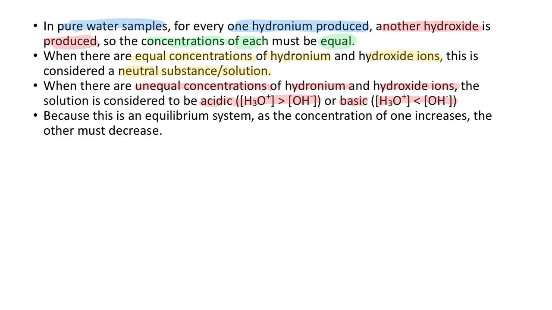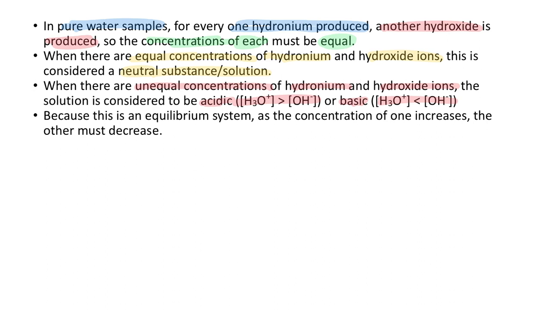And you'll see this a lot in the answer keys. They just state that there's a recognition of an understanding that in acidic conditions you have a greater concentration of one and a lower concentration of the other, and vice versa. You have to include this idea in your explanations.